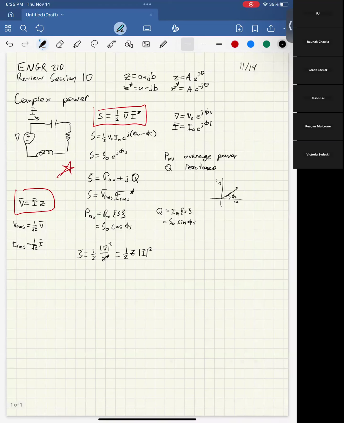Okay, then moving on. Oftentimes in circuits, we care purely about P average because that's the actual power that's getting used. And one way they sometimes write the complex power is they'll give you the P average along with a power factor.